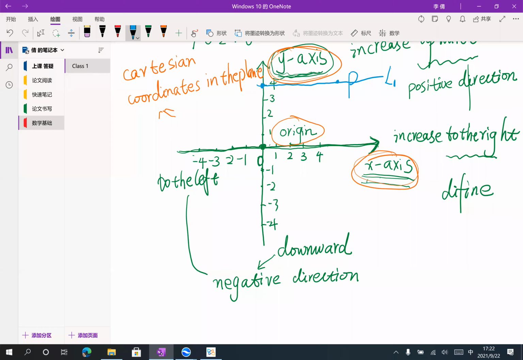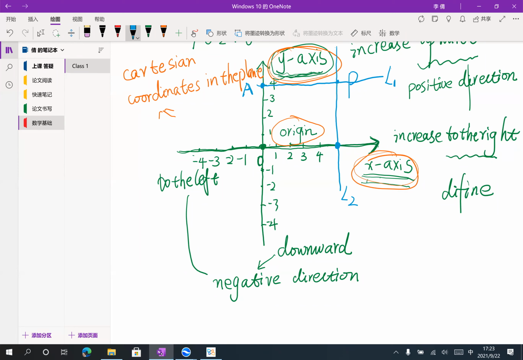We say this point is point A, and then we draw another line, a vertical line, which is also through the point P. This line is L sub 2, and this line will intersect with the x-axis, right?